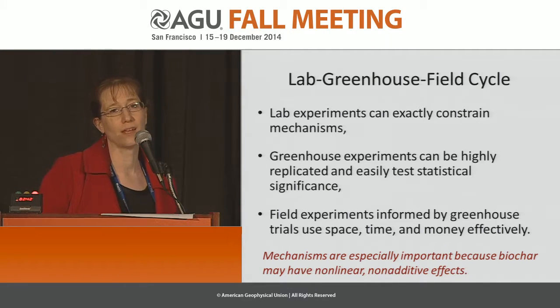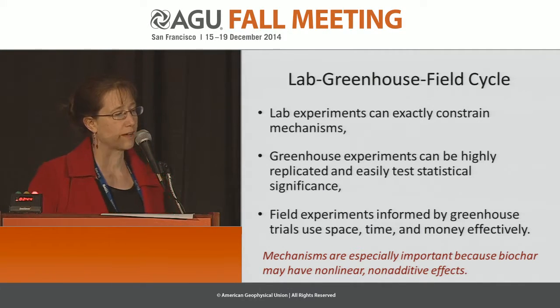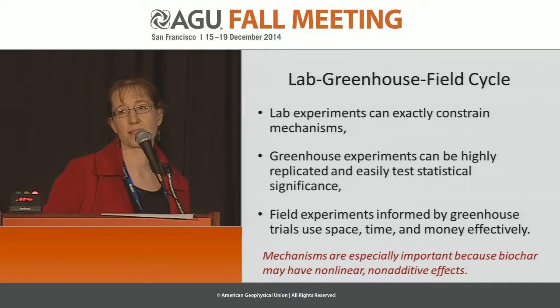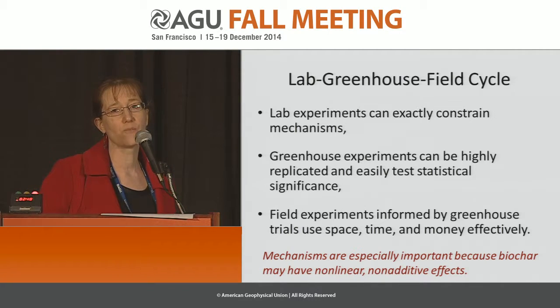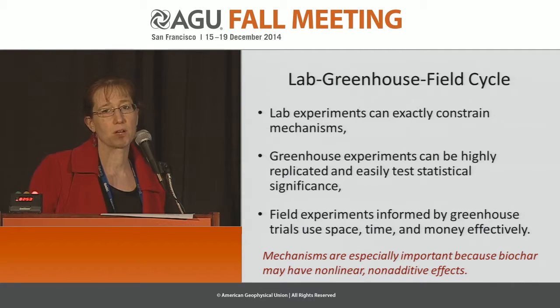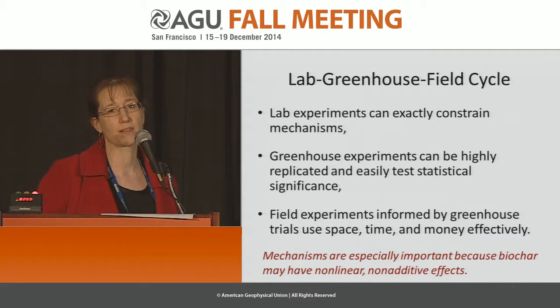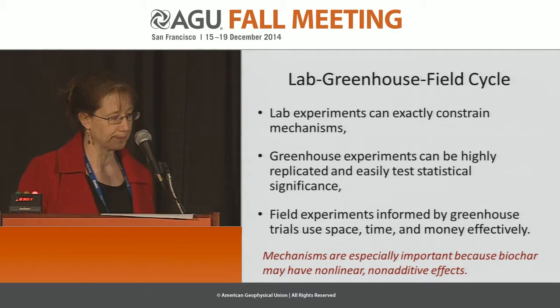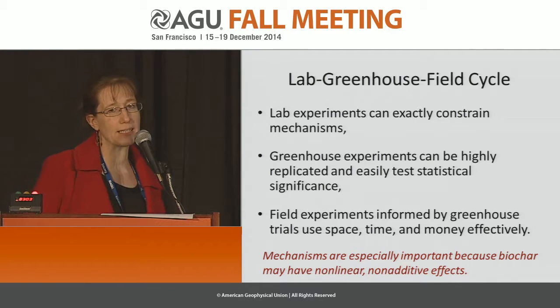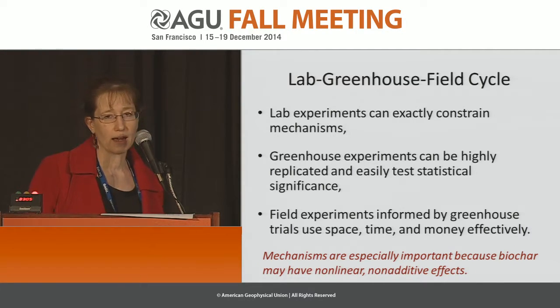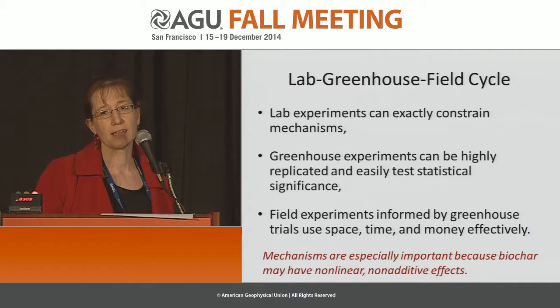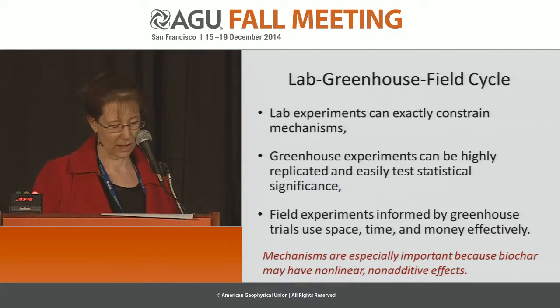We can have Ns of 30 to 50 in a greenhouse trial. And this allows us to test the statistical significance of many of the mechanisms that show up in our lab trials. And then our field experiments, when they're informed by greenhouse trials, allow us to fully test proof of concept of what could be happening. We really need to get at these mechanisms because there's the potential for nonlinearity and non-additive effects. And that's what I'm going to focus on for the rest of the talk.